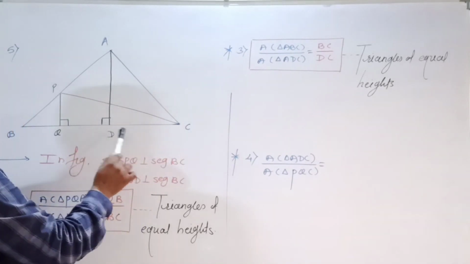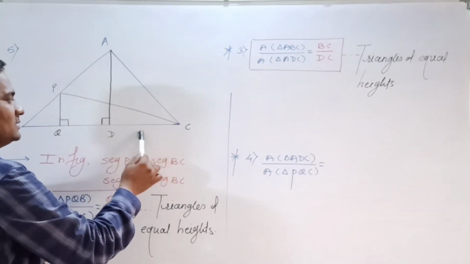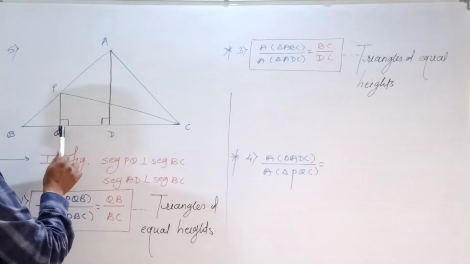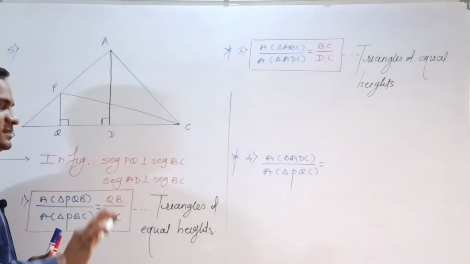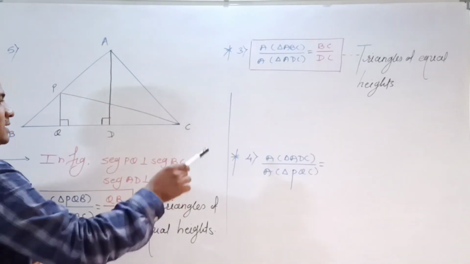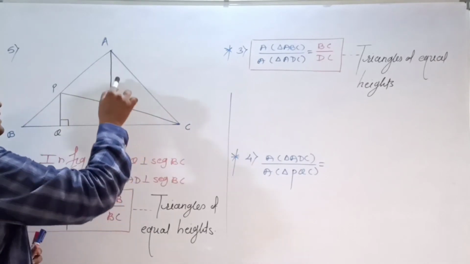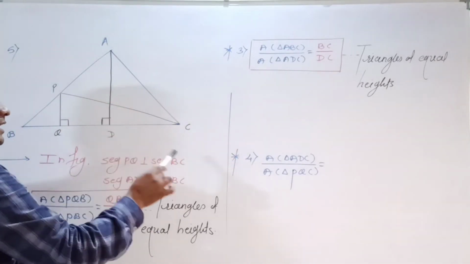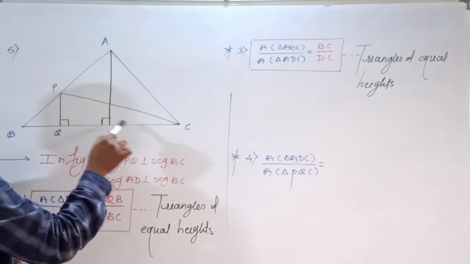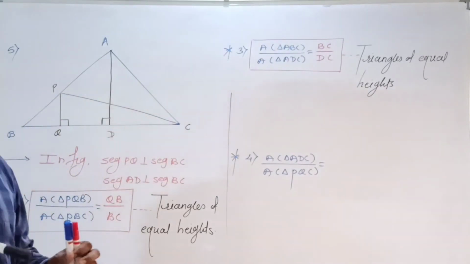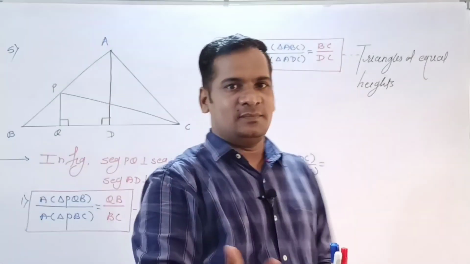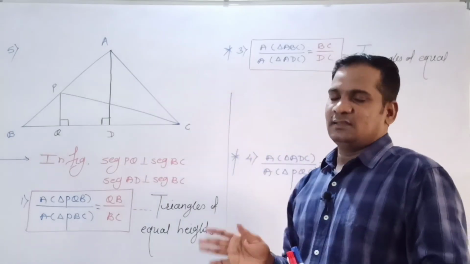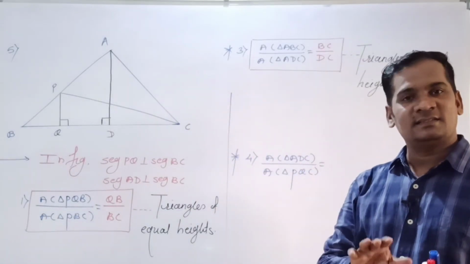That means the base is different. In case of the first triangle, DC is the base; in case of the second triangle, QC is the base. Now what about the height? In case of triangle ADC, AD is the height, and in case of triangle PQC, PQ is the height. That means in this case, height and base of both triangles are different.